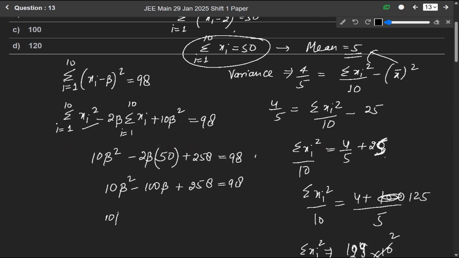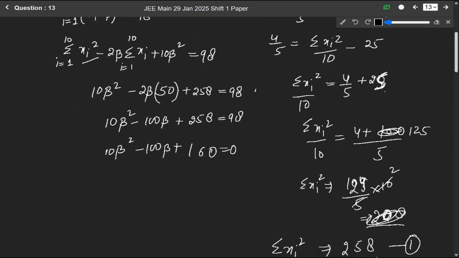So 10 beta square minus 100 beta plus 160 will be equal to 0. So beta square minus 10 beta plus 16 will be equal to 0.